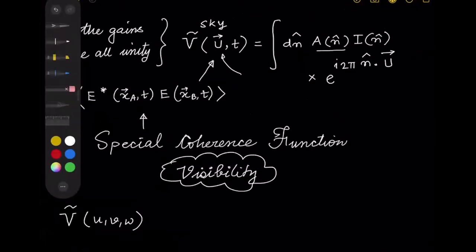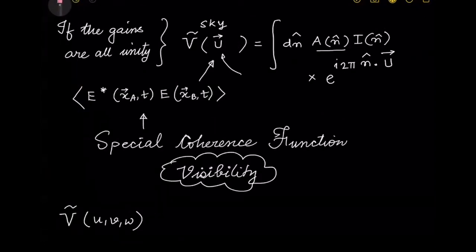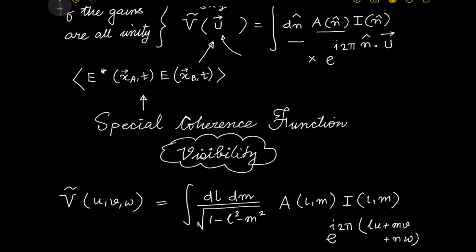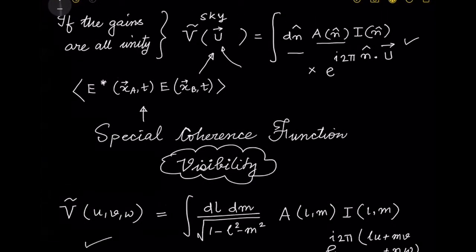And the visibility is not a function of time anymore, because on the right-hand side nothing is a function of time. I have this integration over the solid angle. This means I can write the visibility function either in the vector notation, which is this, or in terms of the components in our chosen coordinate system, which is this.